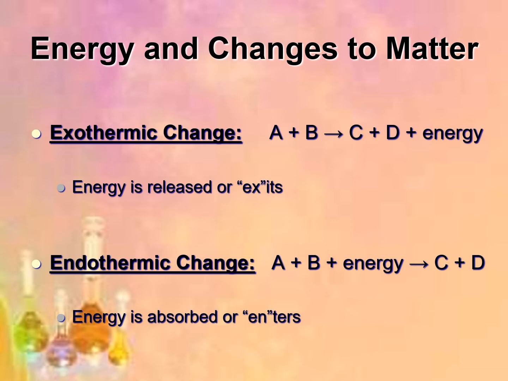A plus B, and the product is C plus D. The resulting product occurs because we release an energy. But when we say endothermic change, that is when energy is absorbed or entered. That is A plus B, and the energy that is absorbed with the A plus B resulting to another phase change, C and D.